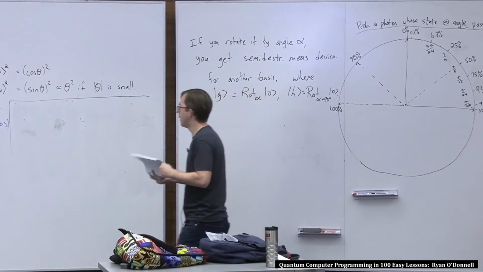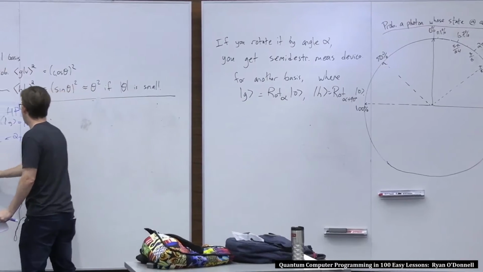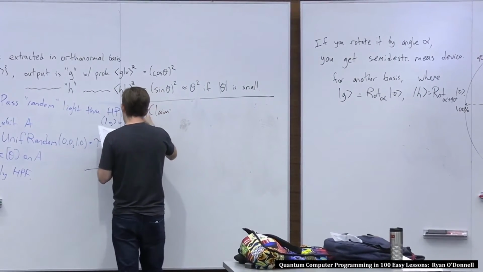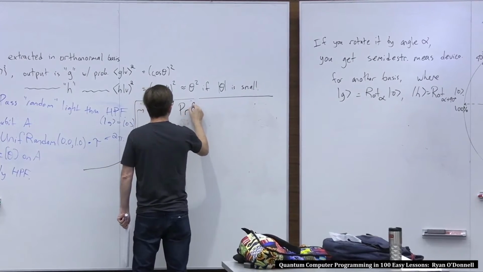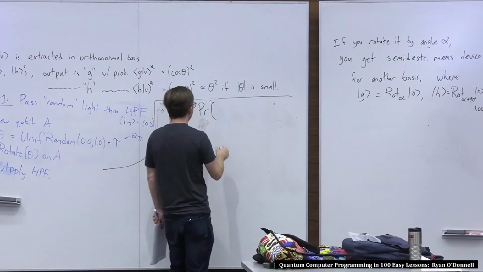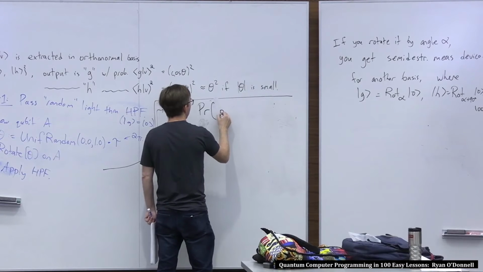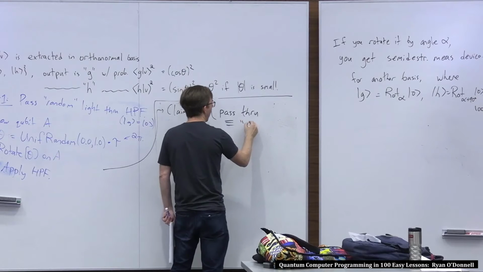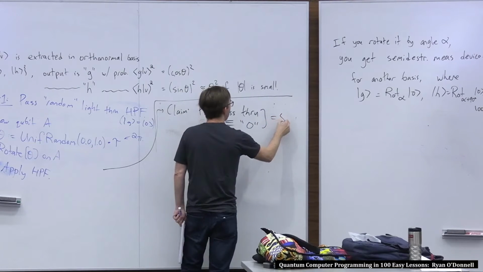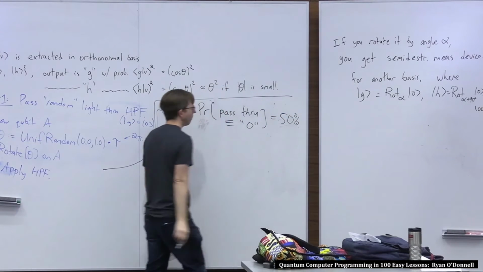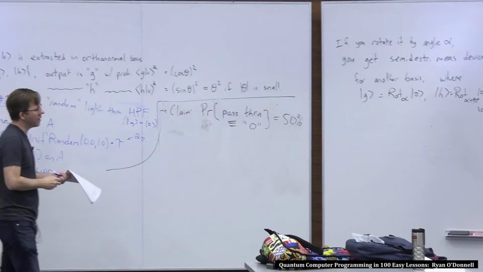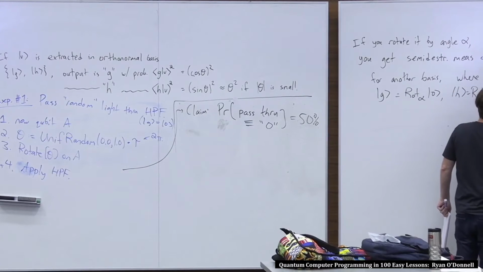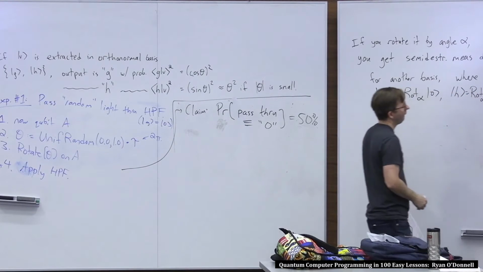So the claim is that the probability that a photon like this passes through, which is equivalent to the measurement outcome being 0, is 50%. And why is that? It's because this picture is symmetric along this diagonal line.